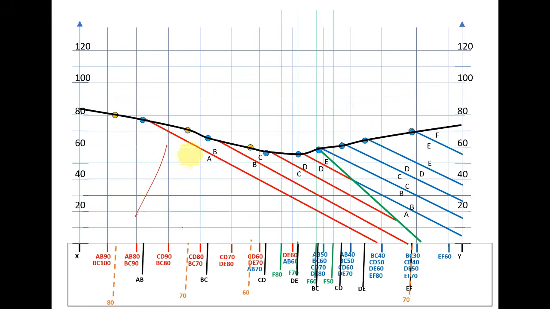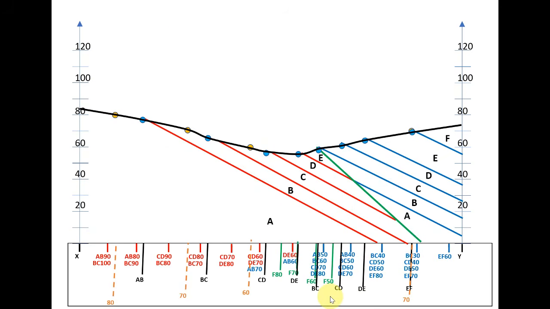So basically what we do is that this entire thing is A, then this B and B becomes the B bedding plane, this C and C becomes the C bedding plane, this is D, this is E, then this is A, B, C, D, E, F, this way. So this is your final plot, and you can see how the displacement has taken place because of the faulting process.